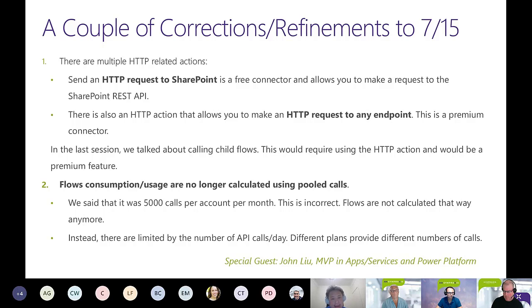So using solutions is not necessarily premium. So do we have an errata on our errata? The HTTP actions are complicated. It would have been nice if HTTP remained on the standard license, but the entire platform relies on wanting people to buy premium, right?